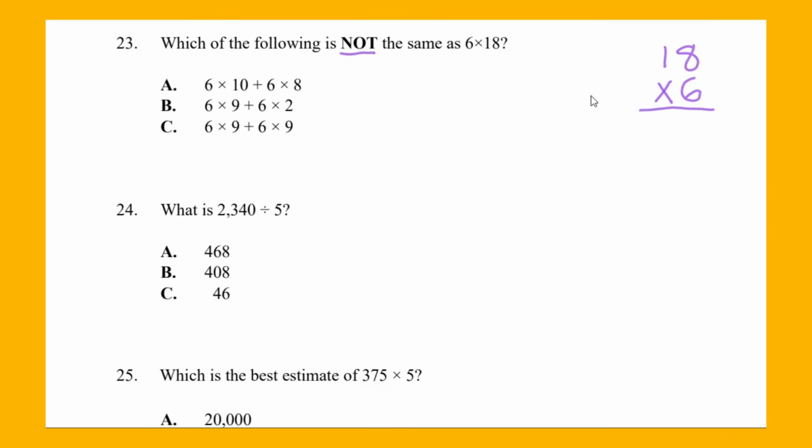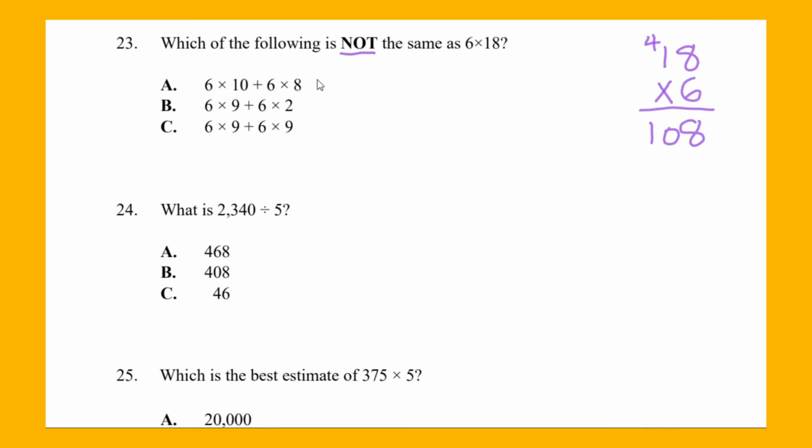So 6 times 8 is 48. We're going to write down the 8 and we're going to carry the 4 to the next side. 6 times 1 is 6 plus 4 is equal to 10. So we want to see which of these options will not be 108.